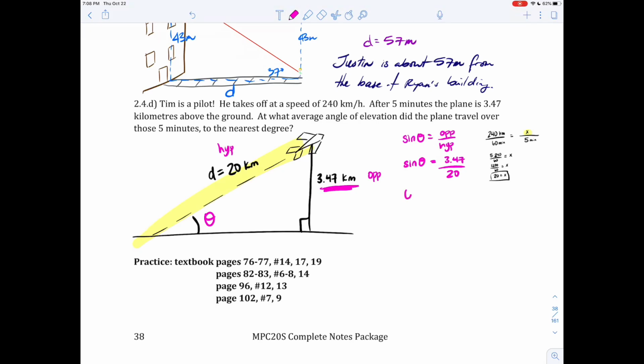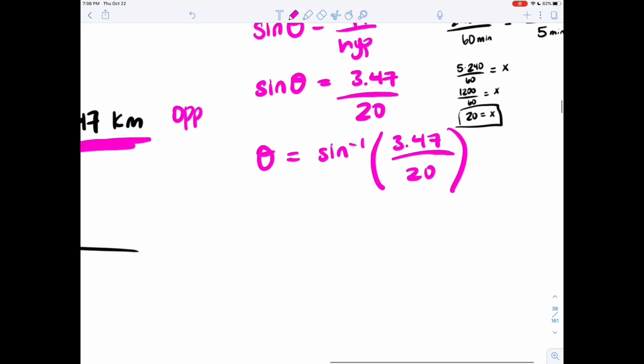And if we inverse sine one side, we have to inverse sine the other. So we end up with just theta on one side, and then the inverse sine of 3.47 over 20 on the other. And when you plug that into your calculator, knowing that we want to get to the nearest degree, we should get 10 degrees.